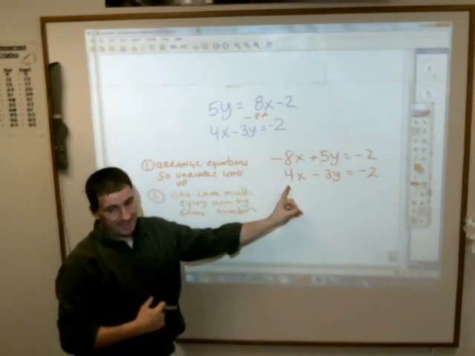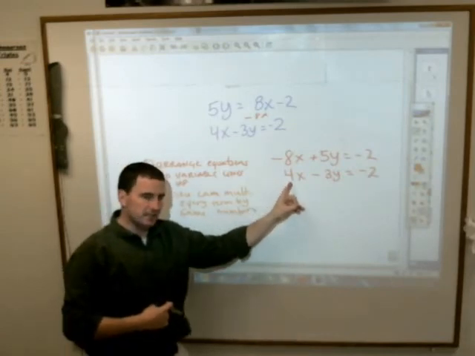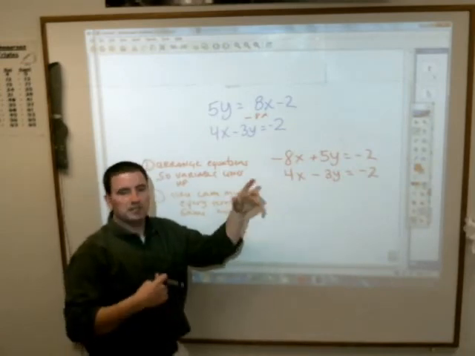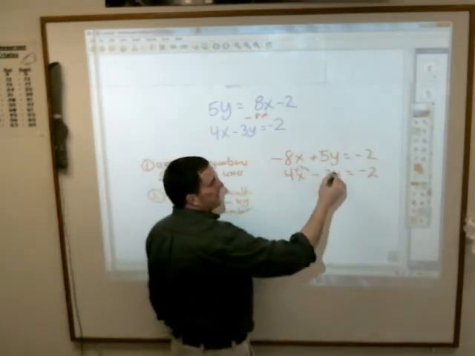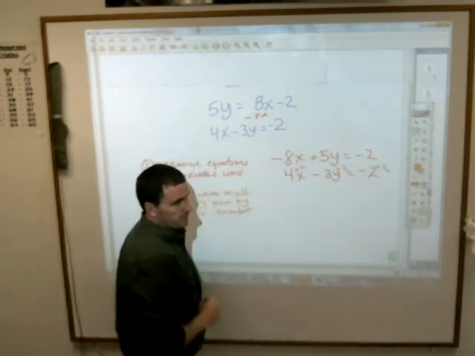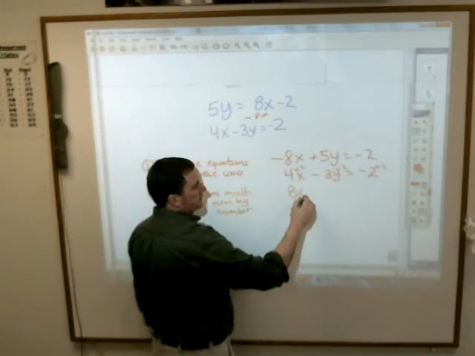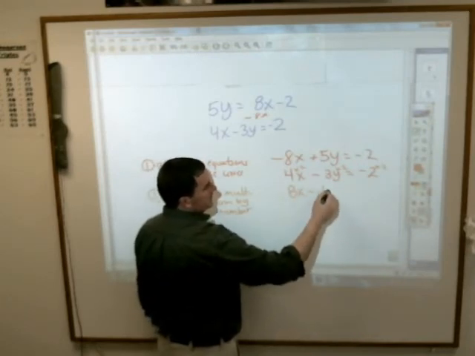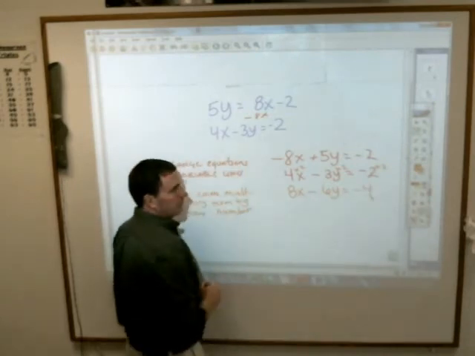A positive 8x. They have to be opposites. What would I have to do to this to make it a positive 8x? Multiply by 2, which I am allowed to do if I multiply every term by a positive 2. So this now becomes a positive 8x. This is a negative 6y, and this is a negative 4.